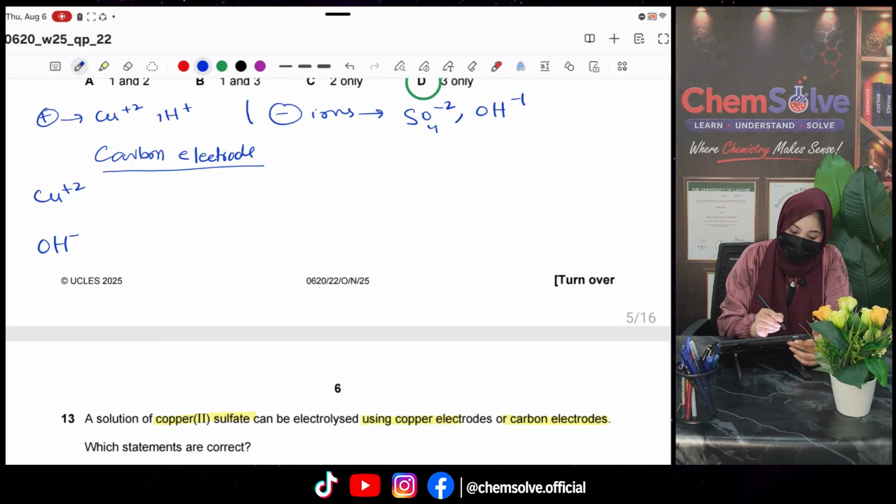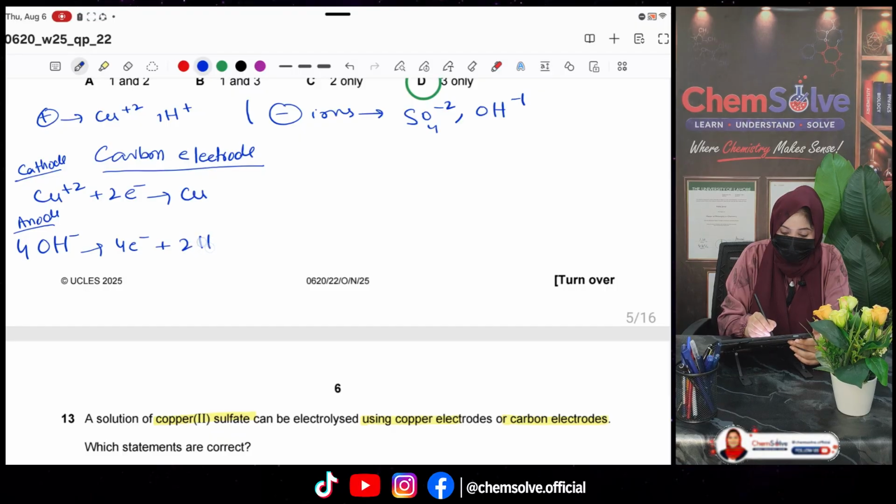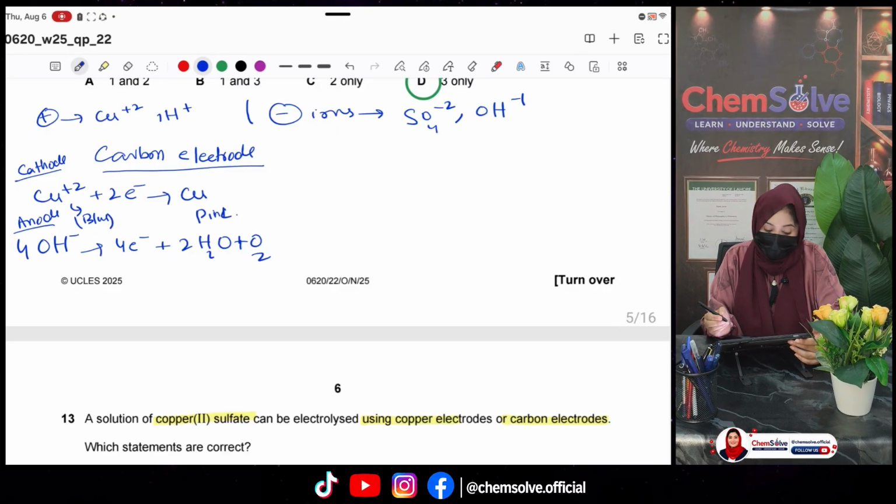So what happens? Copper is positive, so it will move to the cathode. It will get reduced there. It will form copper. While OH- will move towards the anode. It will be oxidized there, and these are the products. Cu2+ is blue in color, while metallic copper is pink in color.